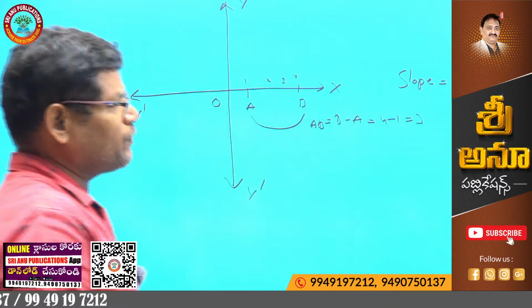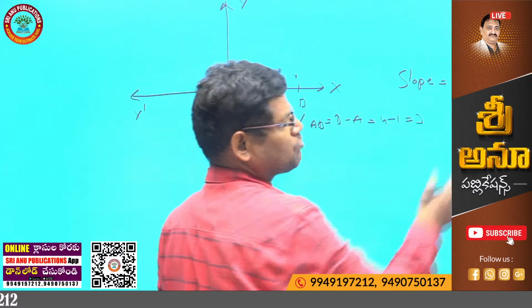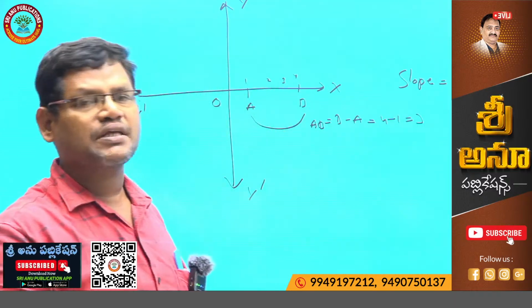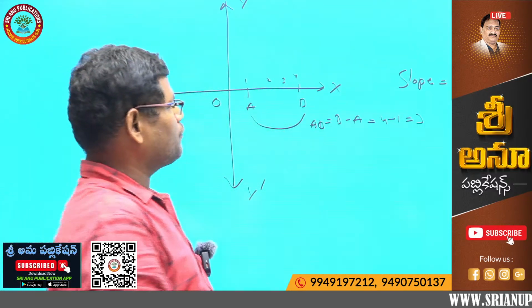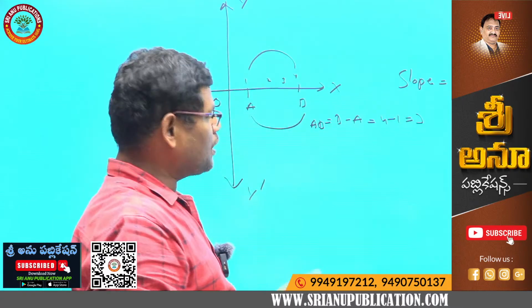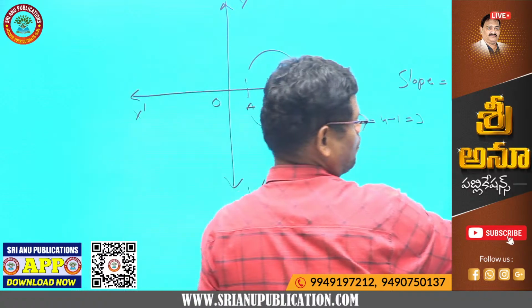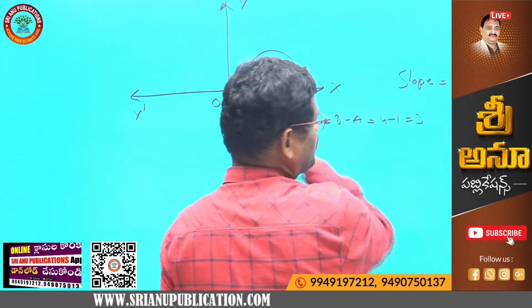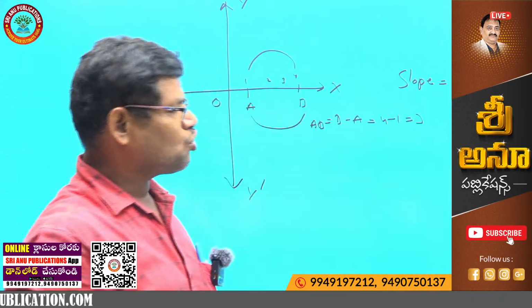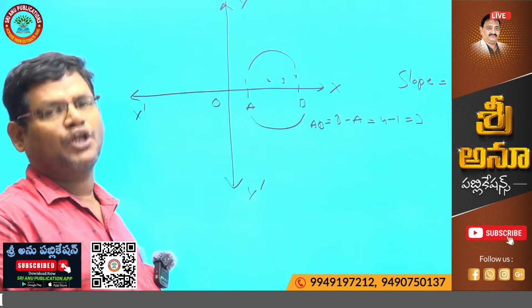So the slope of any 2 points, y2 minus y1 by x2 minus x1, means the difference of the y coordinates and the difference of the x coordinates. The difference of the y coordinates here is 0, and the difference of the x coordinates is 3. The slope of these AB points is nothing but 0.